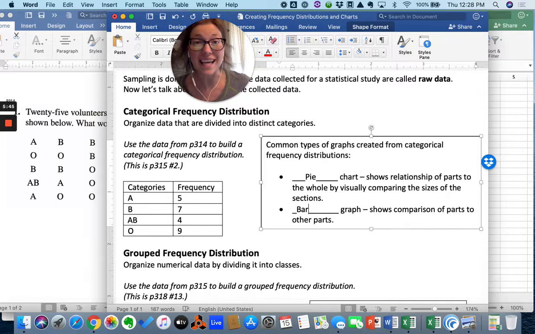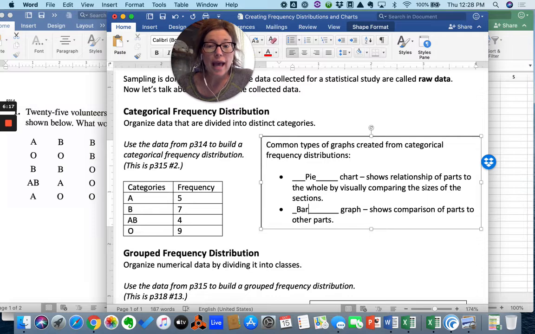So then B, there's 7 of those. 7 out of 25. So I multiply 7/25 times 360, which is all the way across. It's going to be a little over 100 degrees. So that is going to be bigger than a fourth. Be a little bit bigger. Right? That's how you do it by hand.